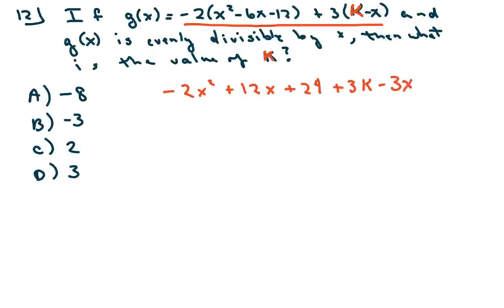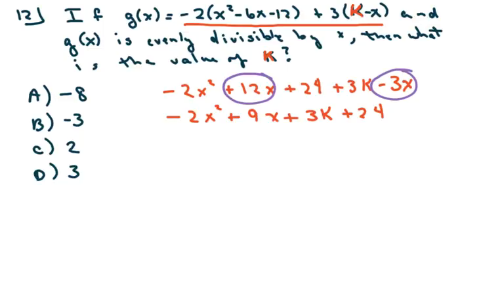Then just add anything you can here. Negative 2x squared, and let's see, we get 9x. Right here we can combine these, so that's going to be plus 9x. Then we have this plus 3k plus 24.